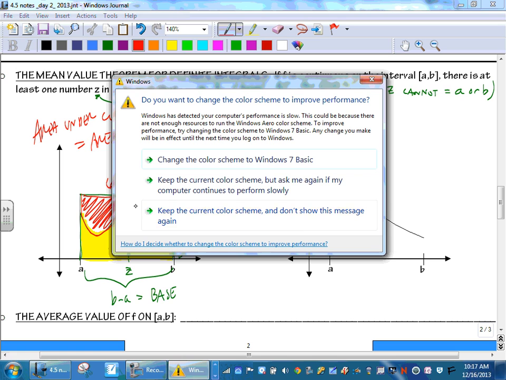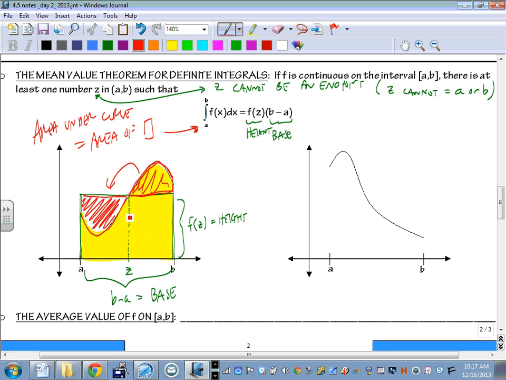So what this means really now, this f of z, is the height of this rectangle, but that's actually the average height of this function. F of z equals the average height of f from a to b.